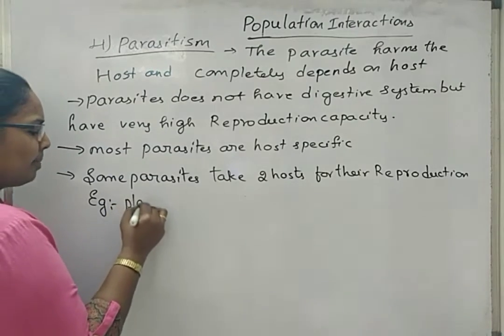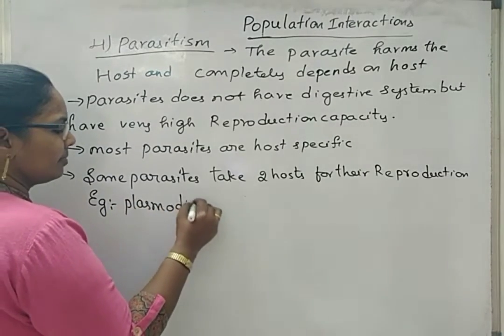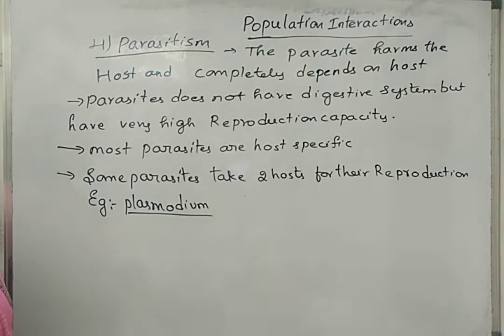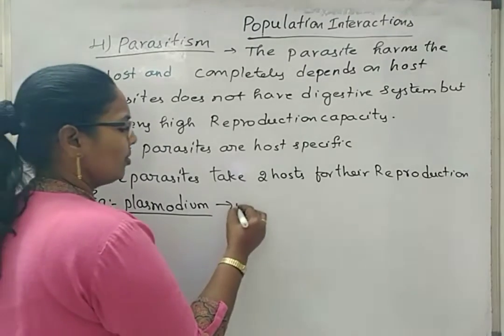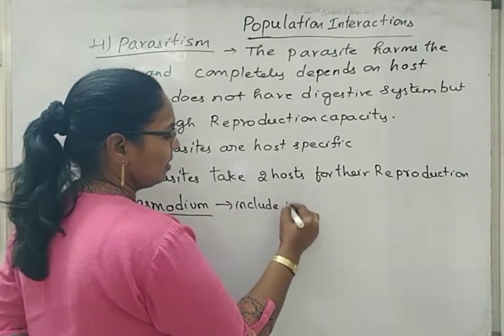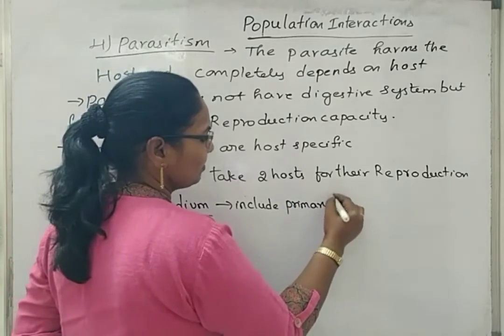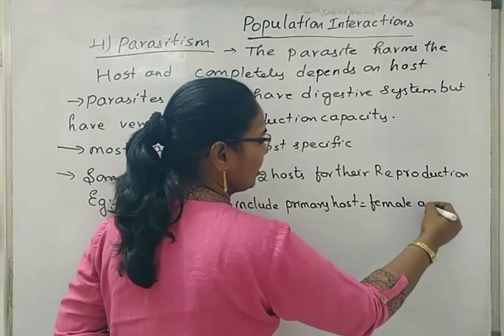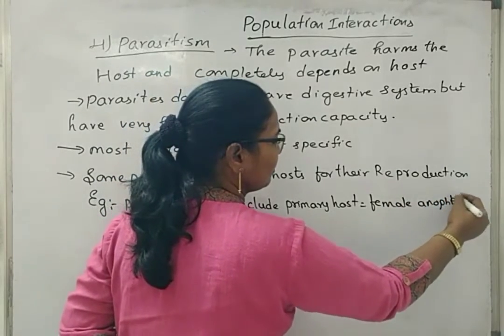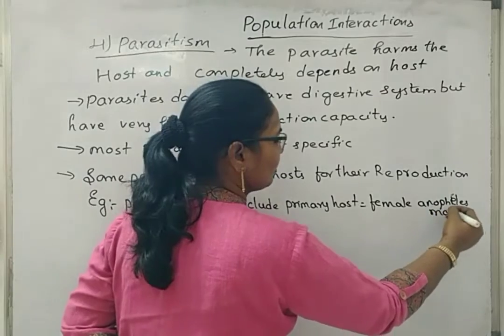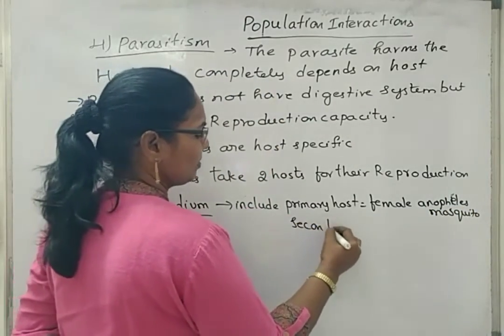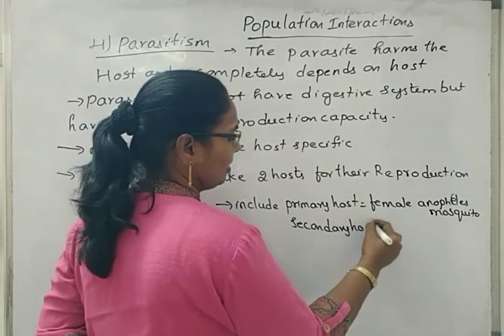Malarial parasite, that is Plasmodium. All types of Plasmodium vivax, Plasmodium falciparum, etc. These parasites include a primary host, that is the female Anopheles mosquito, and a secondary host, that is man.